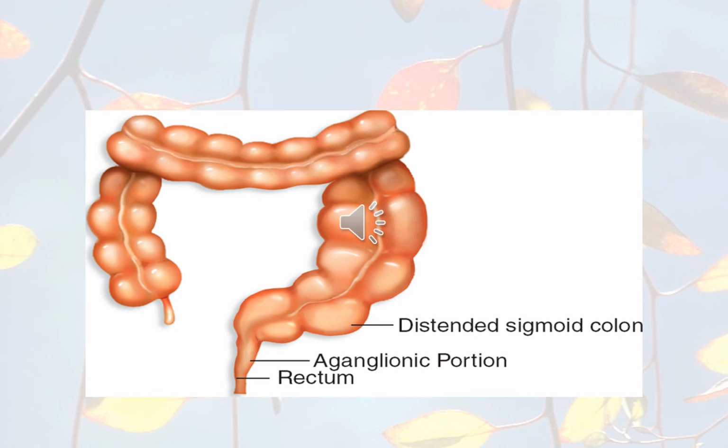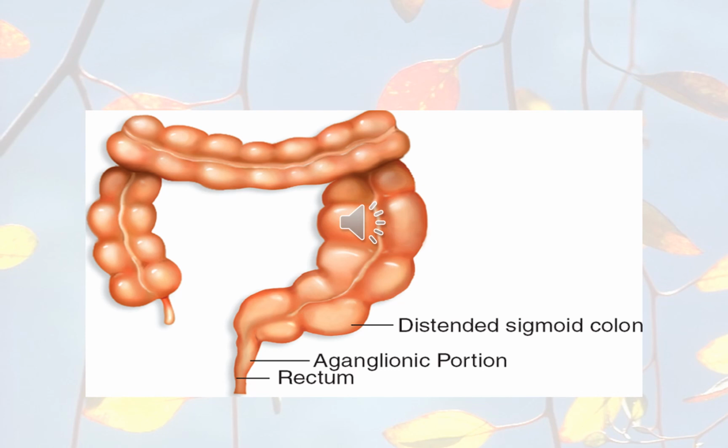So here's just a visual. You see some distended sigmoid colon, the aganglionic portion, and the rectum. These kids do need surgery because we need to remove that piece where the aganglionic portion is. So what we do is we will remove the bad part, basically, and take the good part of the sigmoid colon and connect it to the rectum, but temporarily we make a colostomy so we can allow the intestine to heal.